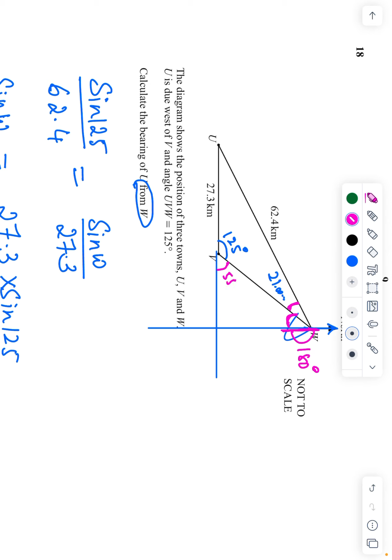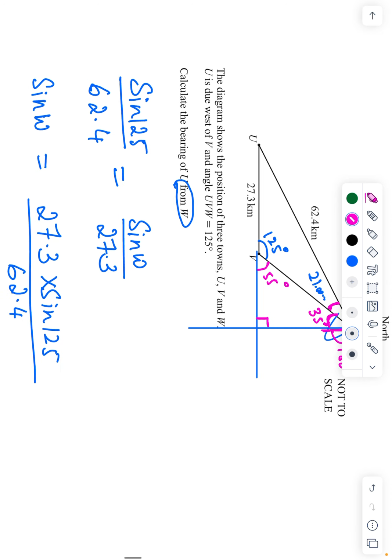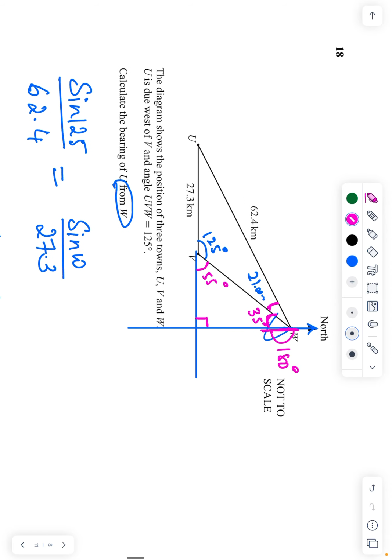Is it okay? And this is 90 degrees. So how much is that going to be? 180 minus 55 minus 90, which is 35 degrees. Alright, so we got all the other things.